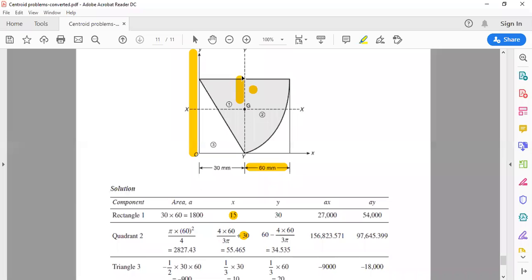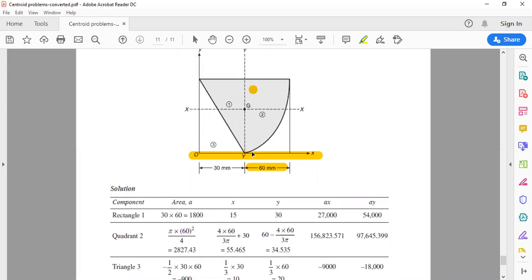Next, I want to calculate y bar. Y bar is the distance of the individual CG from the reference x-axis. So this is my reference x-axis, and this is the distance of this CG from the x-axis.